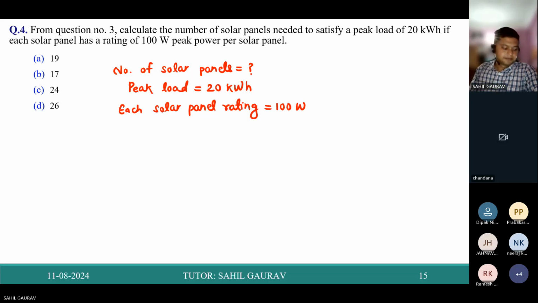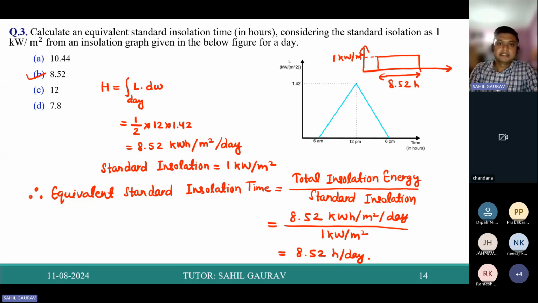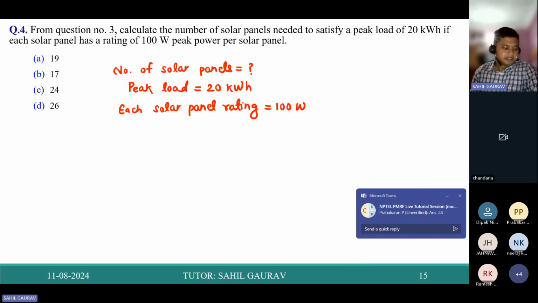The peak load is the amount of energy required, and we have seen that the total insolation energy we are getting is 8.52 kilowatt hour per meter square. That is the amount of energy we are getting from each panel.